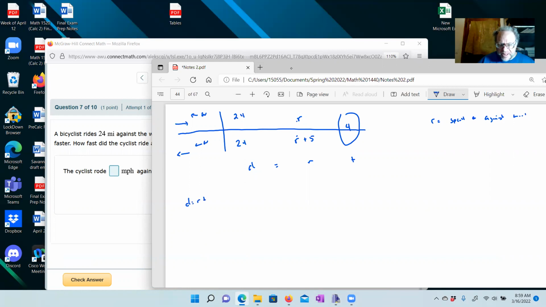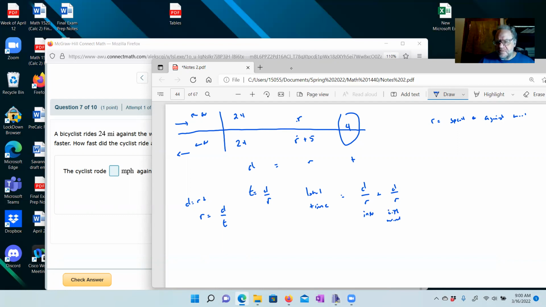Probably something like rate is equal to D over T. How about T equals D over R? So total trip time is going to be the amount that we went into the wind, plus the amount that we went with the wind.